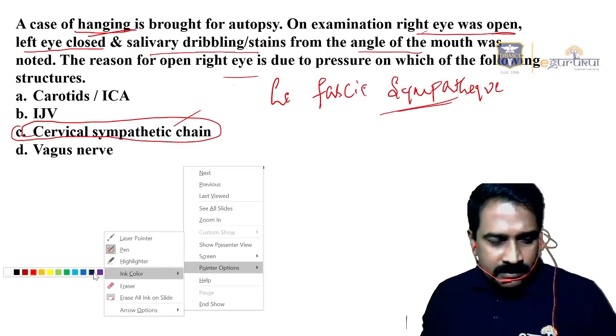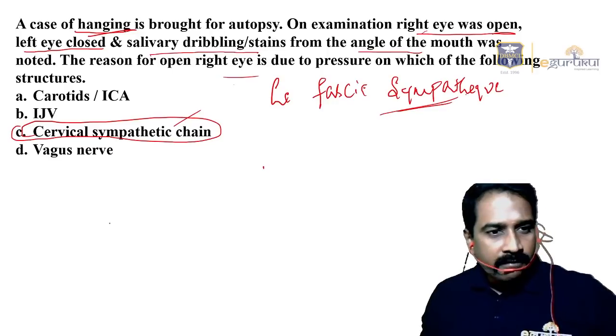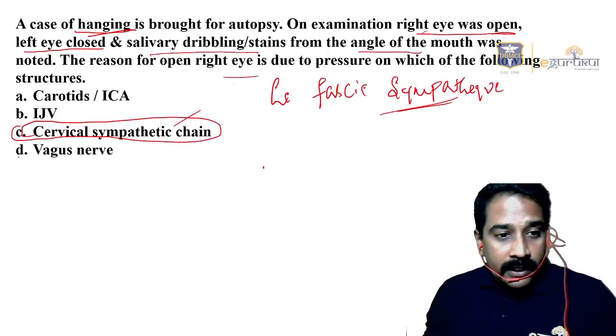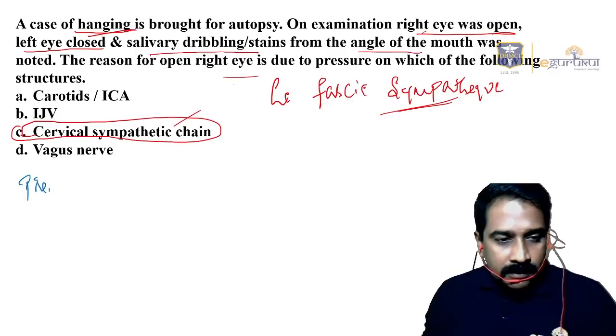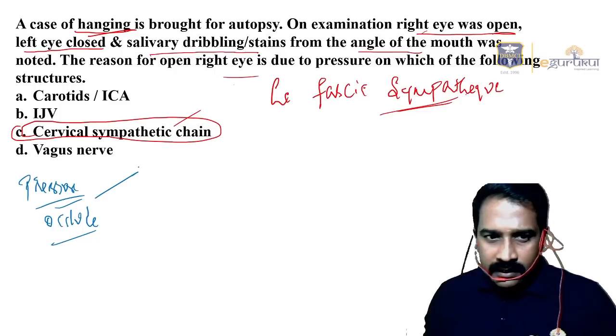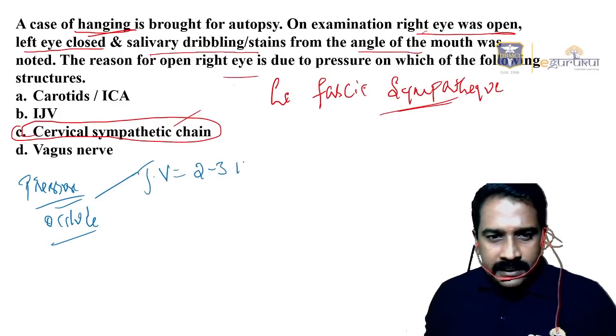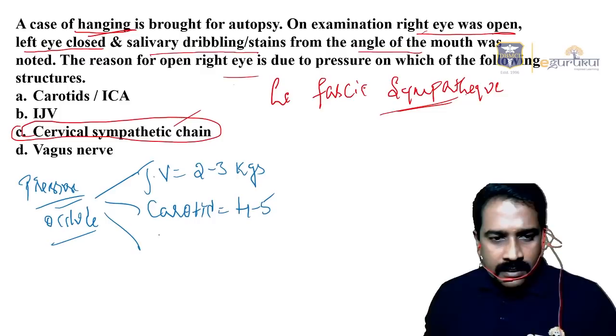Now, there are a few other points very frequently asked as questions. See, the pressure required to occlude certain structures. Very important. Jugular vein, 2 to 3 kgs. Carotid artery, 4 to 5 kgs.